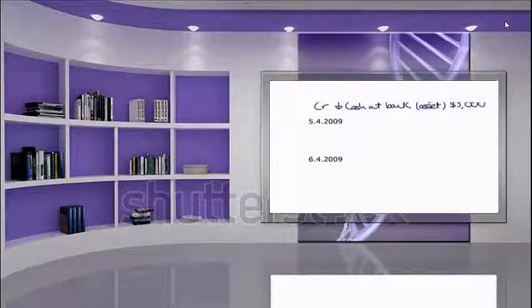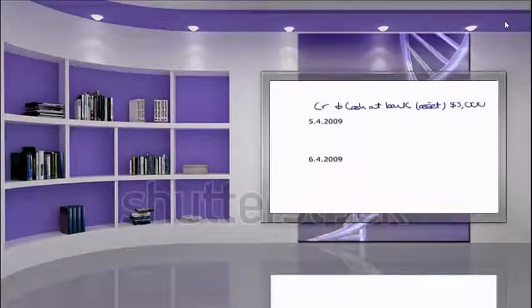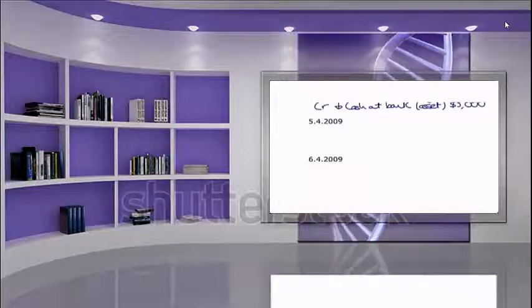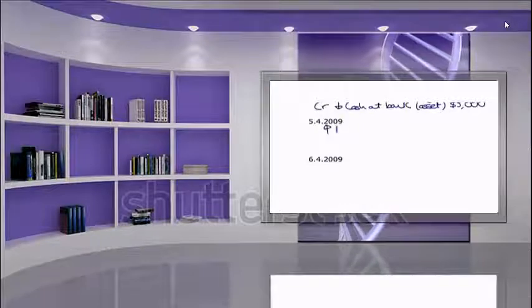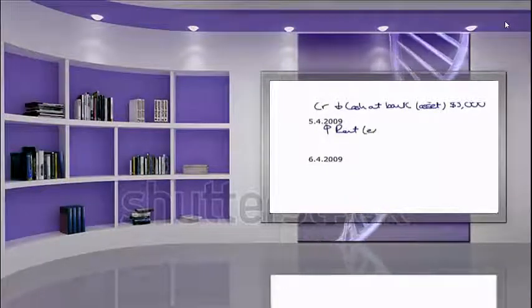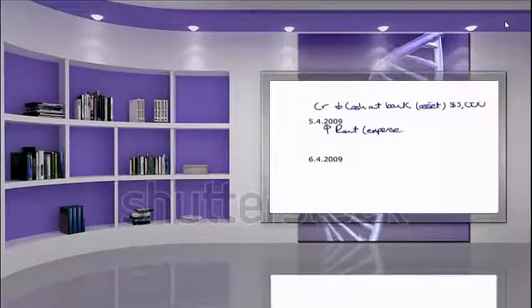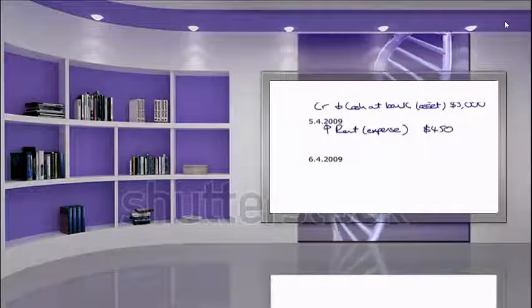Now, just like purchases was a type of expense, rent would be a separate category of expense away from purchases. So we're going to have an increase in the rent account, which would be an expense. And that would be for $450.